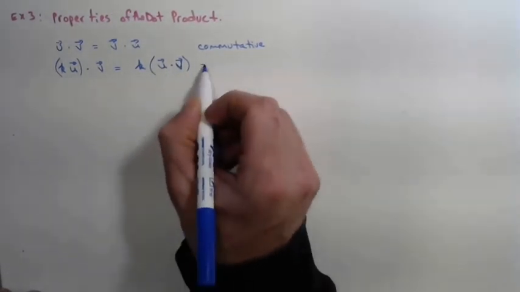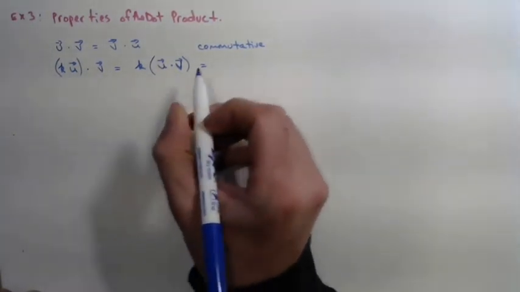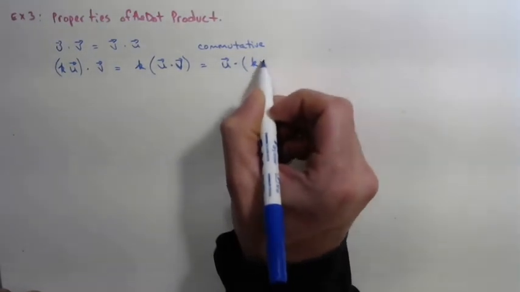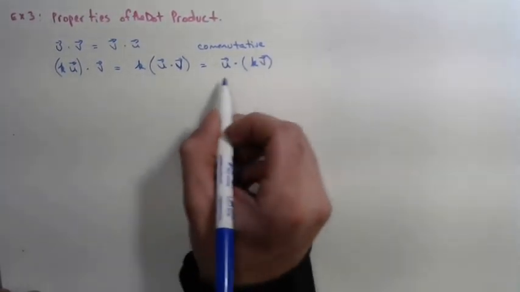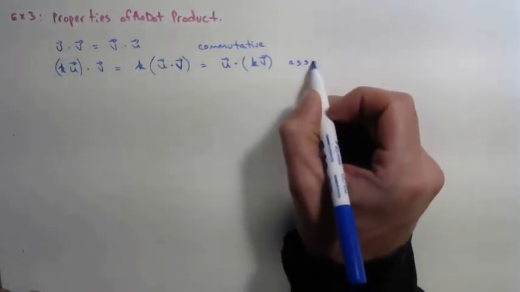If it's helpful, you can even rearrange this to multiply k times your vector v first and take u dot kv. Whichever way you want to do this, these are all the exact same. That is the associative property.